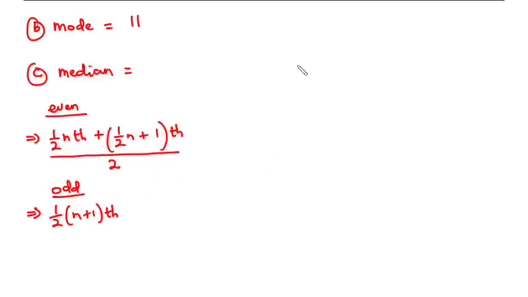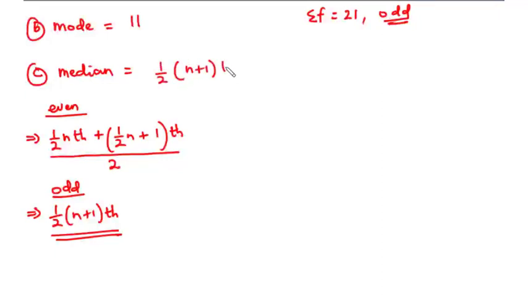Now, since the number of values in the data set is an odd number, we are going to use this formula. So the median is the (1/2 times n plus 1)th. So we have half times, and in place of n, we are going to write the value of the summation of f, that is 21.